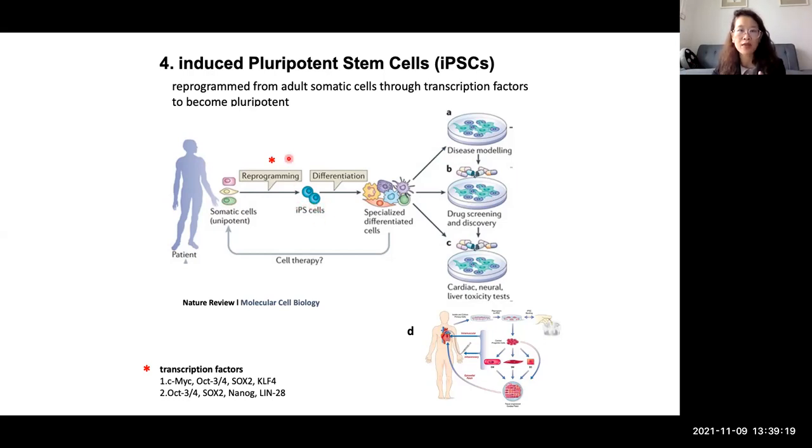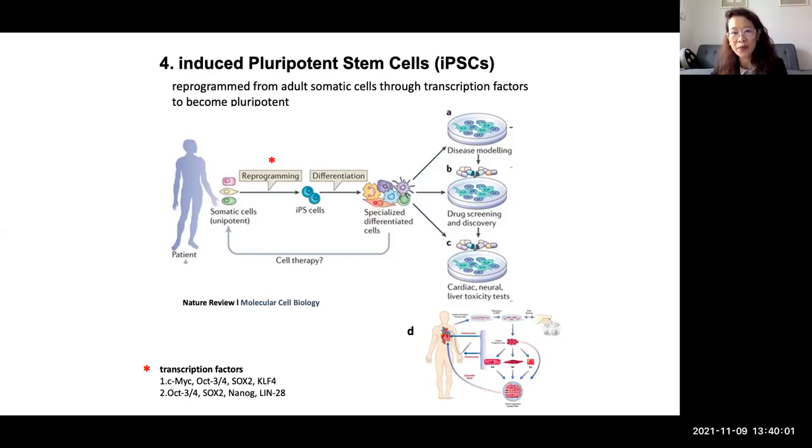What they do is apply the red star, which I expand in the bottom part of the slide. They call it transcription factor. These are the factors that reprogram the skin cell to forget what it was before and become a stem cell. Then we go back to the original and differentiate them into other cell types: starting from skin, the cells can become nerve cells or muscle cells, because they forget what they used to be.